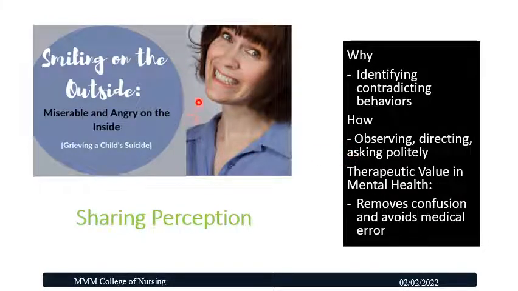Here you can see a woman smiling on the outside. The nurse asks politely, you are smiling on the outside, but inside you are miserable and angry due to grieving a child's suicide. So what is the therapeutic value in mental health here? It removes confusion and avoids medical error.